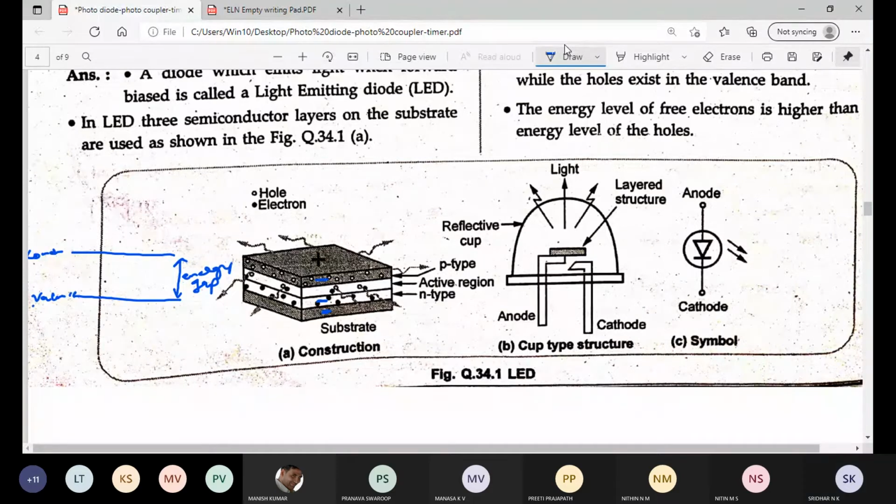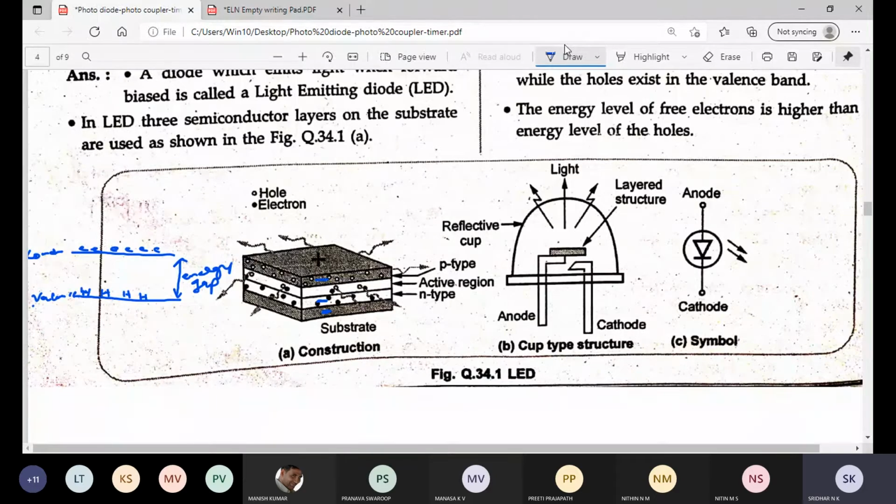We know that in the conduction band free electrons will be available. In the valence band you have holes. So what happens when I forward bias this P and N junction?